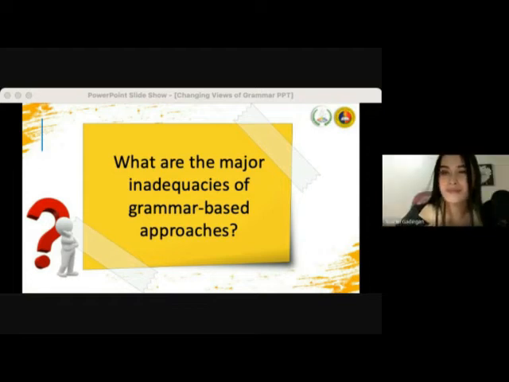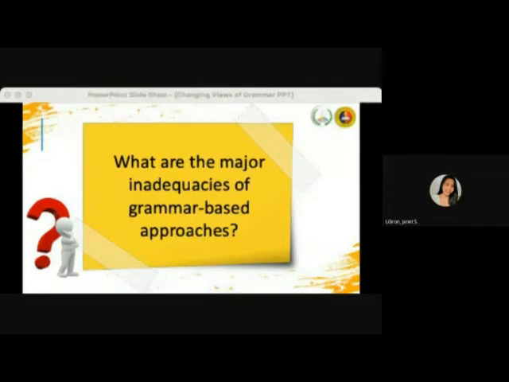Yes, Lebron. So I think what I would add also is that the inadequacy of grammar-based approaches is that teachers teach grammar as a set of rules and structures. They are not exploring the other lessons or concepts or ideas that will add on in meeting the communicative aspect of learners.